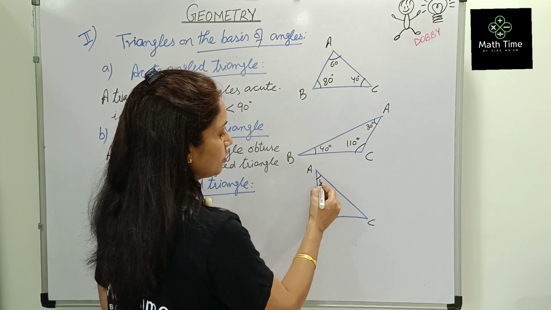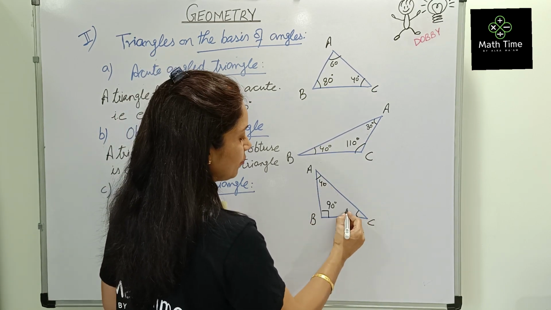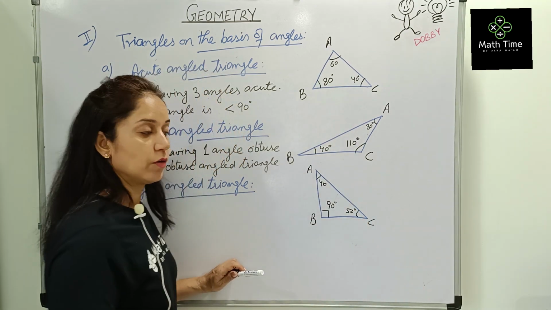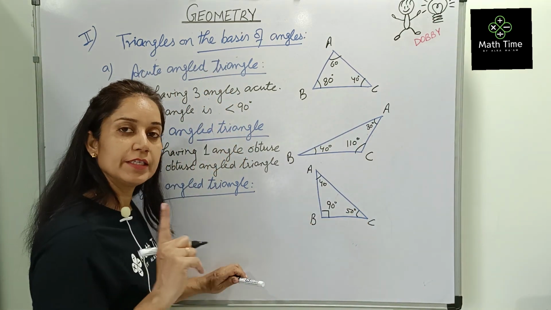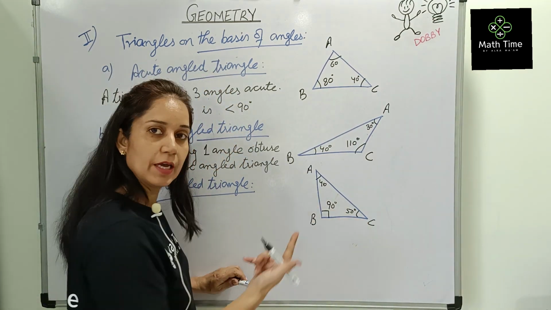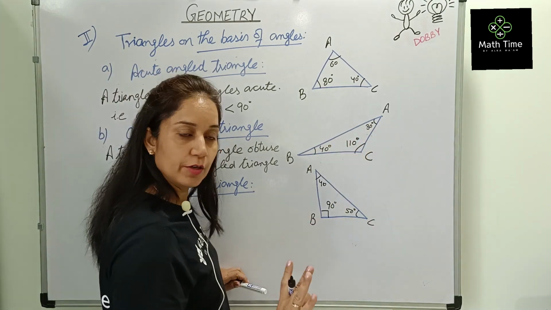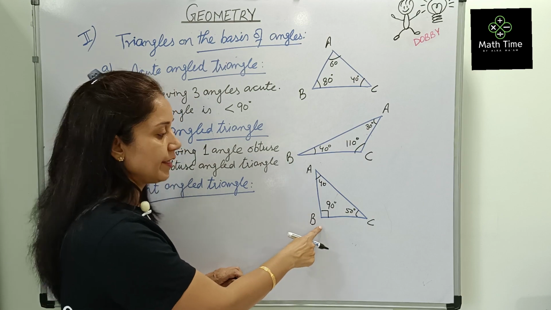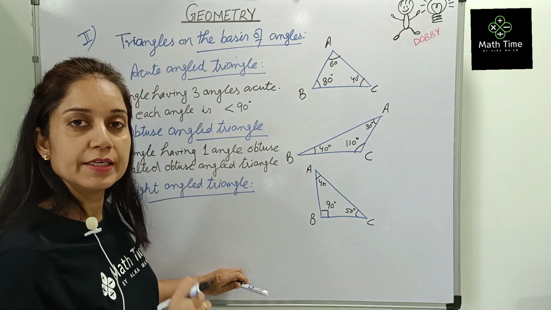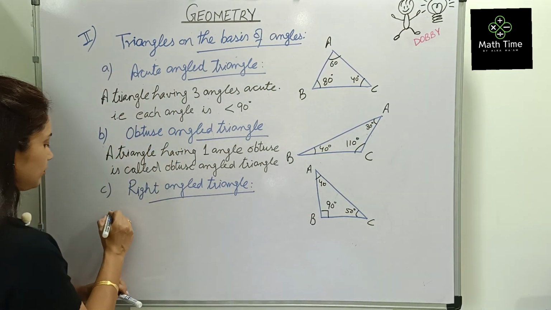Let us say this is 40 and here it is 50. So when one of the angles is 90 degree, the rest are acute. Here, if one angle is obtuse, the rest are acute. So here one angle is 90 degree, that is why it is called a right angle triangle.